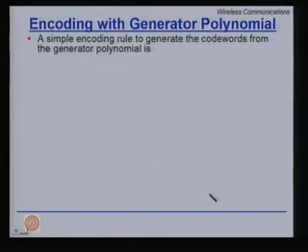So, let us see how we can encode using the generator polynomial. Please note, the generator polynomial itself is a valid code word, right? Because if you multiply it with unity, you get the polynomial g(x), which should also be a valid code word. A simple encoding rule to generate the code words from the generator polynomial is as follows. c(x) is the code word polynomial; we have established before a one-to-one correspondence between a polynomial and a word.